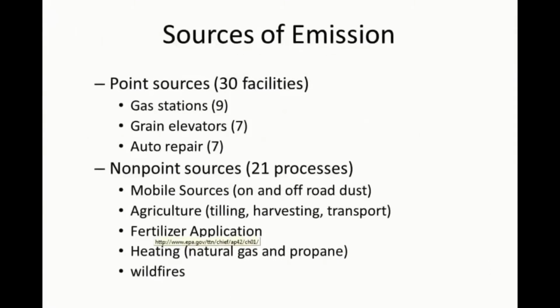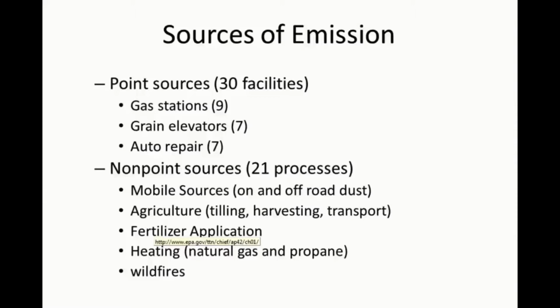So we have both point and non-point or area sources. Most point sources are gas stations, grain elevators, auto repair shops. We also had sand and gravel pits, asphalt plants, airport emissions, and the one Title V permit for Burlington Northern.